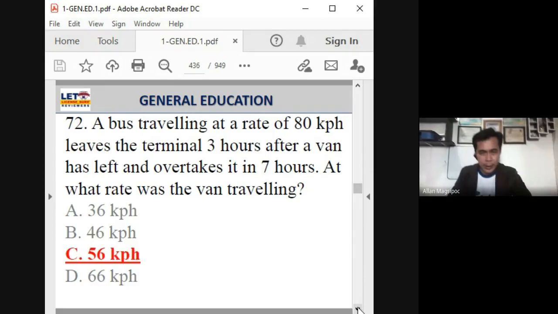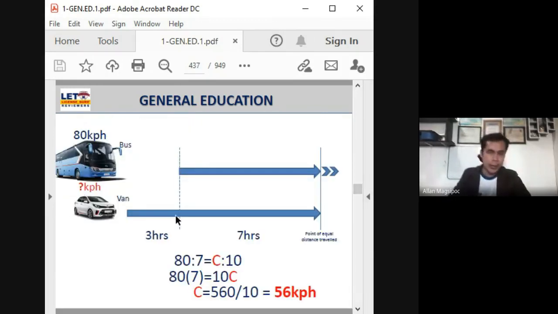Correct, that's 56 kilometers per hour. So how do we get 56 kilometers per hour using inverse proportion? Here, we also have the illustration. After 3 hours, the bus followed. And then after 7 hours of travel of the bus, the bus overtakes the van.